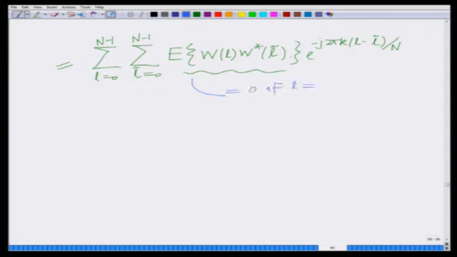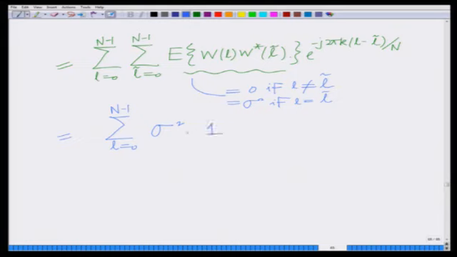This is equal to 0 if L is not equal to L tilde, and equal to sigma square if L is equal to L tilde, since we have the expected value of w(L) w conjugate(L), which is the expected value of magnitude w(L) square, which is sigma square. So it only survives if L is equal to L tilde, at which point the exponential e to the power of 0 is 1.